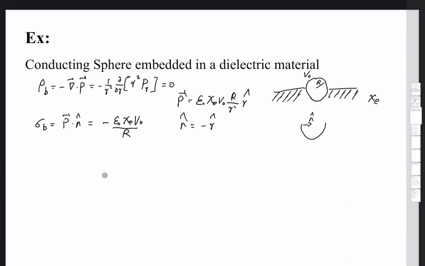To find it, we can first obtain the electric field. I think we already obtained it earlier. The potential we obtained in the last lecture is proportional to 1 over r, and the electric field we obtain is the gradient of this V. So it's V naught r naught over r squared r hat.